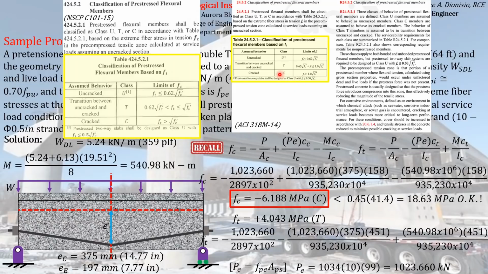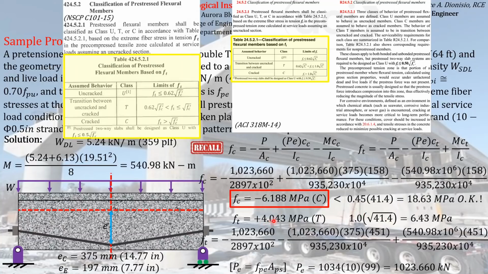So in order for us to not say that the concrete is already cracked, we must make sure that the tensile stress being experienced by the concrete element is not greater than square root of fc prime. So our maximum permissible tensile stress here at service loads must be square root of fc prime, which is equal to 6.43. Our fc prime is 41.4, given in the problem.